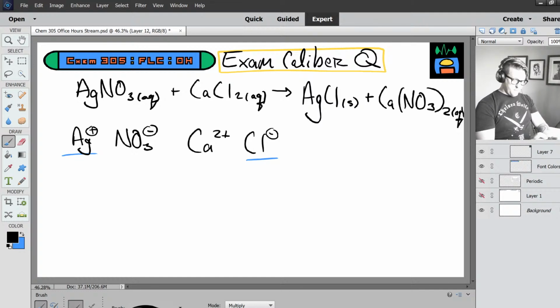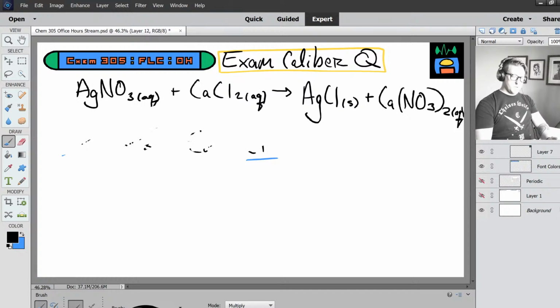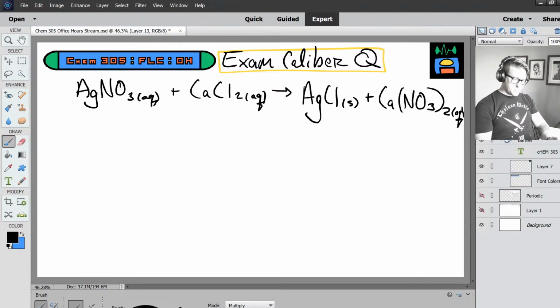All right, now at this moment in time, we've written out our reactants, we've written out our products, but now we need to balance our chemical equation. So we've got a lot of elements in play here. We've got silver, nitrogen, oxygen, calcium, and chlorine.